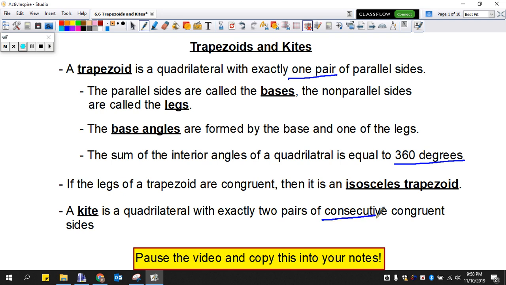Just a real rough diagram: a trapezoid has parallel sides, like that. And a kite looks like that. So that's what we're talking about in this lesson.